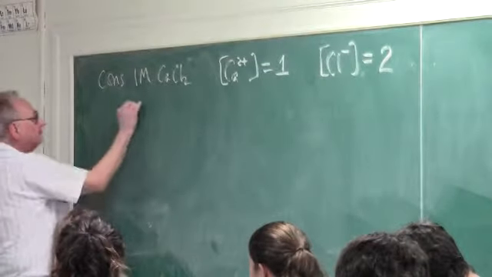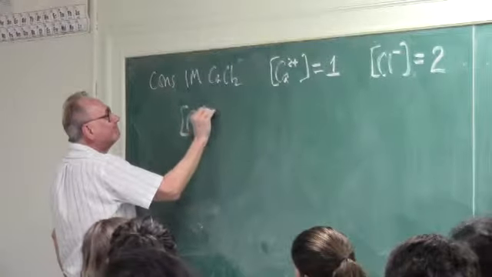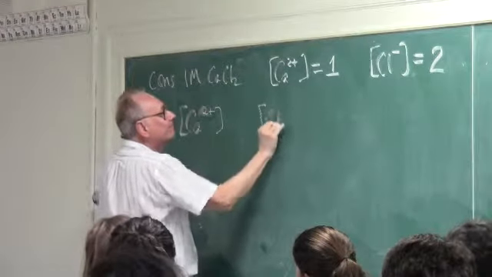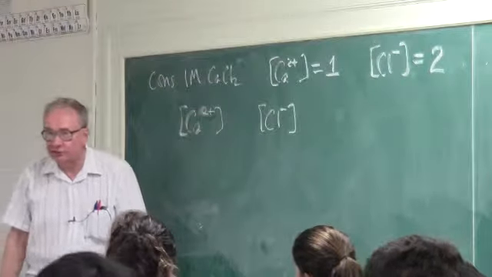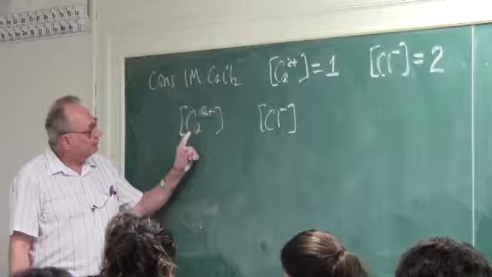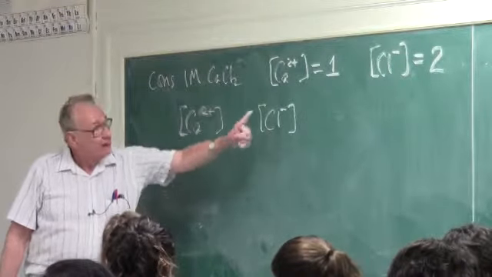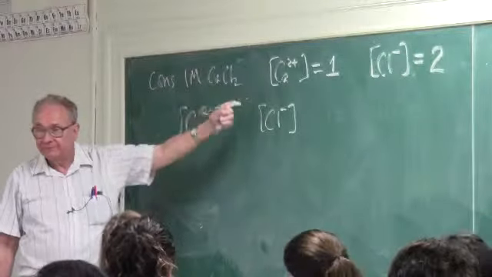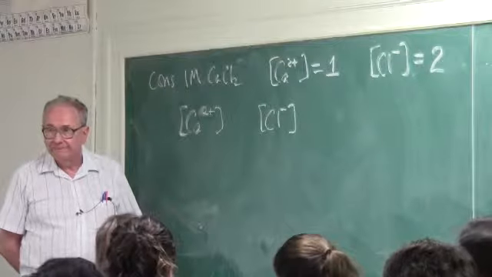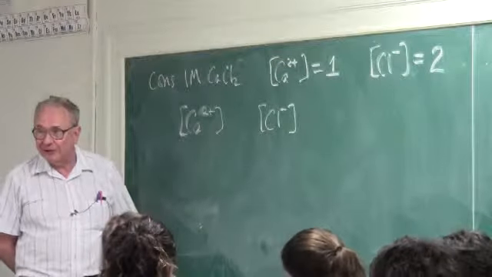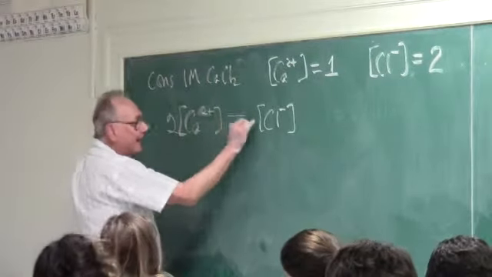This tells me, if I want to establish an equality between the molarity of this and the molarity of this for this solution, what do I have to do to the calcium ion molarity? Times 2. I got to double it, don't I? Then 2 is equal to 2. And that's it.